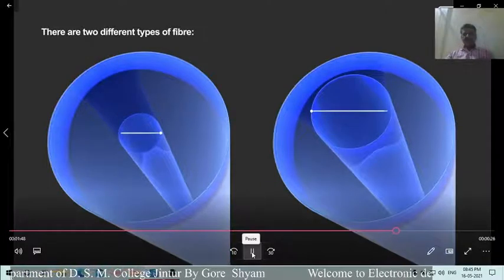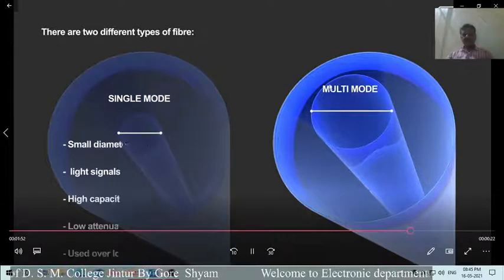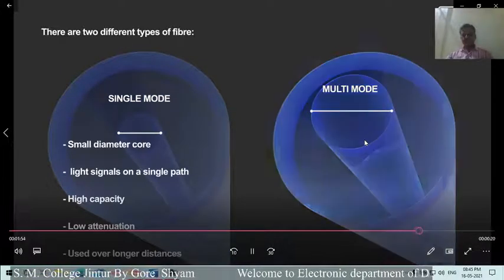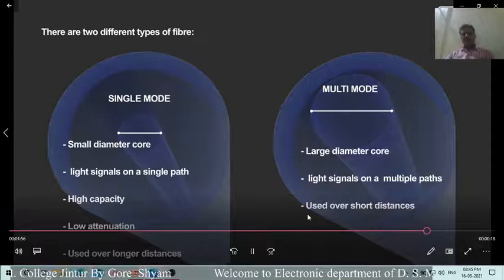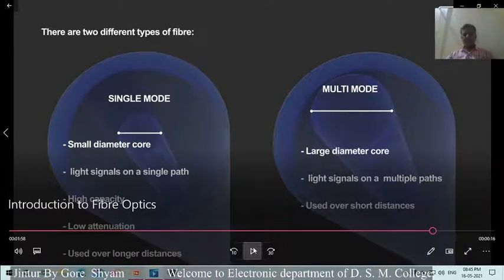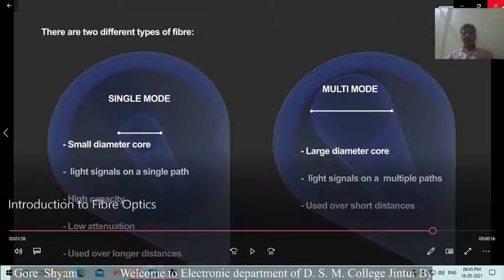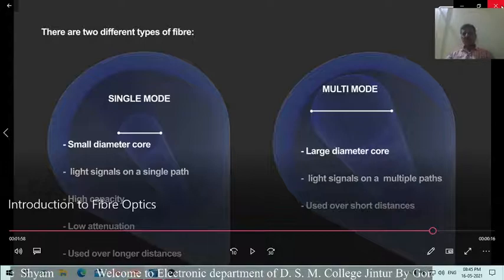Here there are two different types of fiber. This is the single mode fiber and this is the multi-mode fiber, and details about the single mode and multi-mode fiber we are discussing in the next session. Okay, so this is the structure of optical fiber.